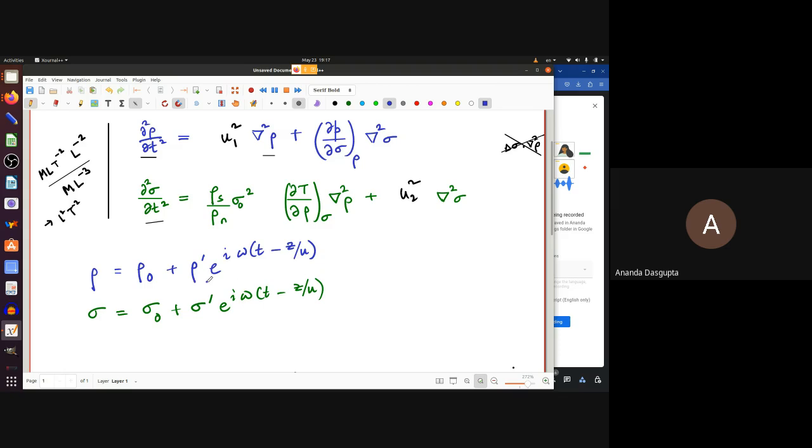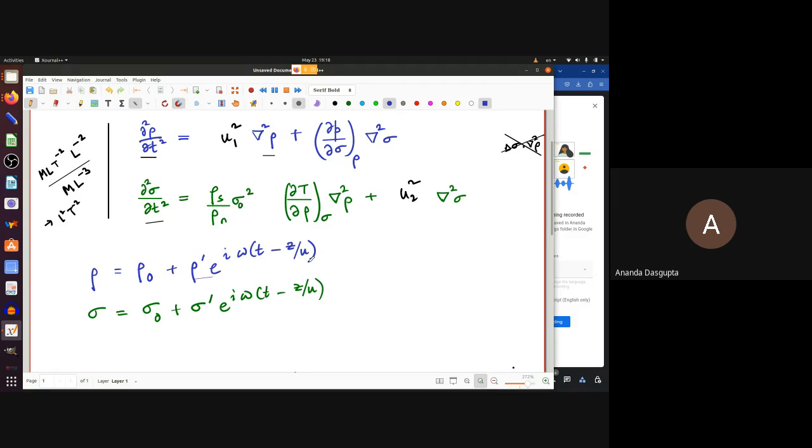The contribution will only come from this term. If you differentiate this once with respect to t, this term will come back with an i omega as a factor. That's actually why we love using exponentials. Differentiation becomes very, very simple.